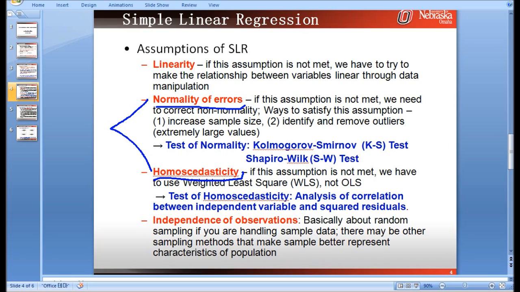Just remember we have these assumptions to satisfy for an accurate linear regression analysis. Okay. The last one here, independence of observations, is basically about random sampling.